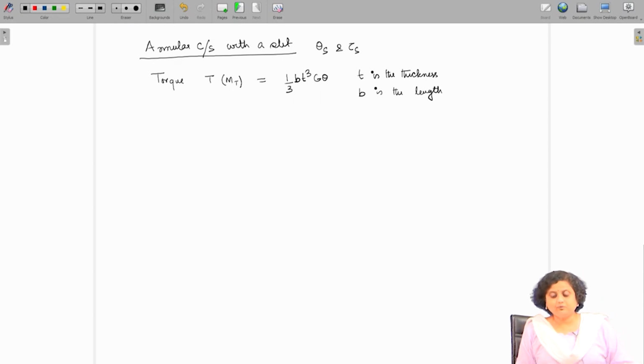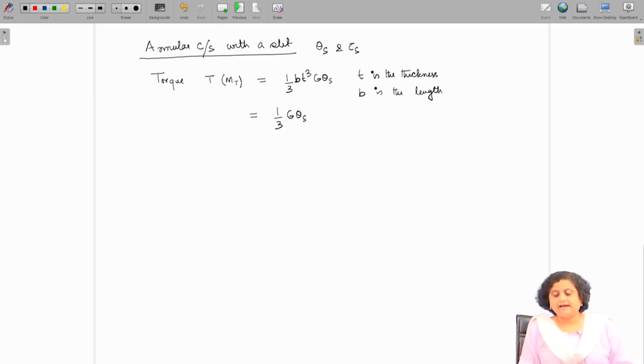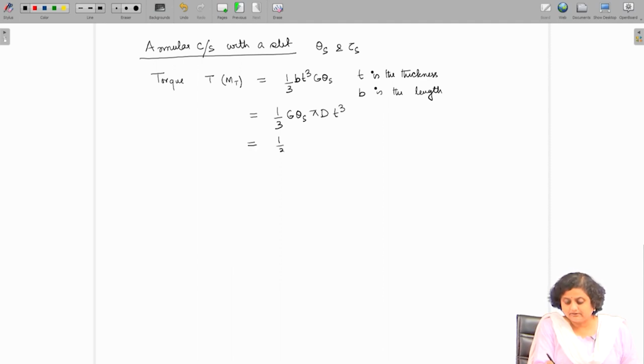Now, if we apply it for an annular cross section with a mean diameter D, this becomes 1/3 G theta S, where t is t and B is pi into D, D being the mean diameter, into t cube. So, this will be 1/3 G theta S pi into 16 t to the power 4.